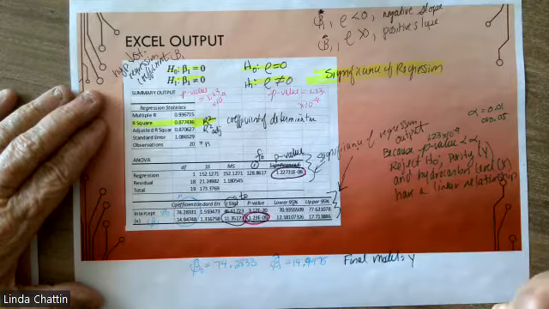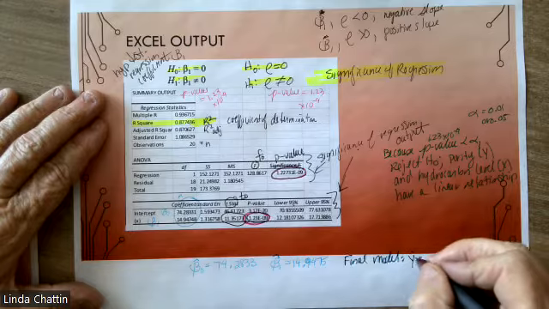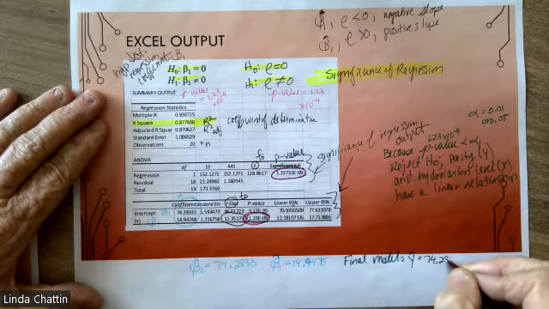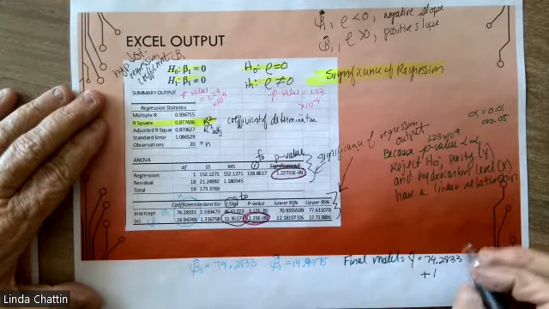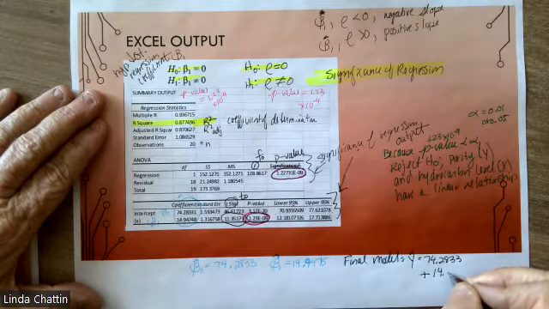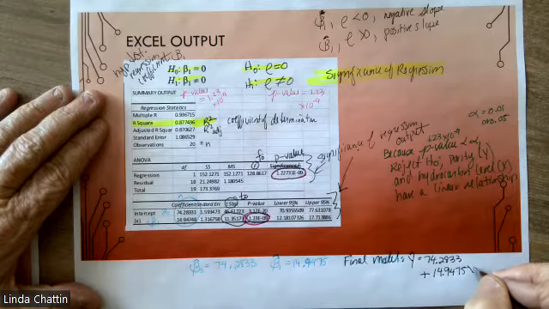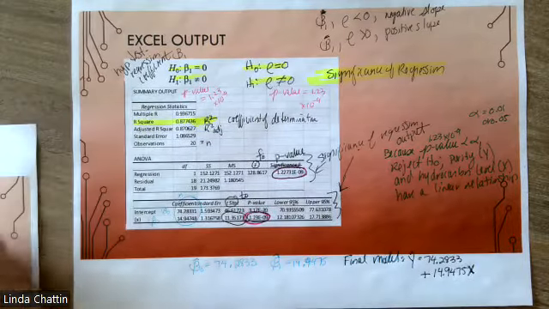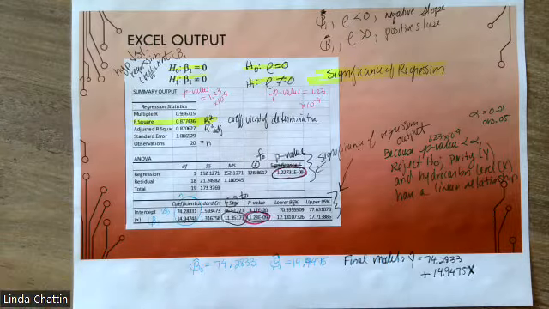Y, the purity, and this is actually Y hat, is going to equal 74.2833 plus 14.9475 times X. And that's going to be my final model. Okay, next what we have to figure out is, is it a good model?